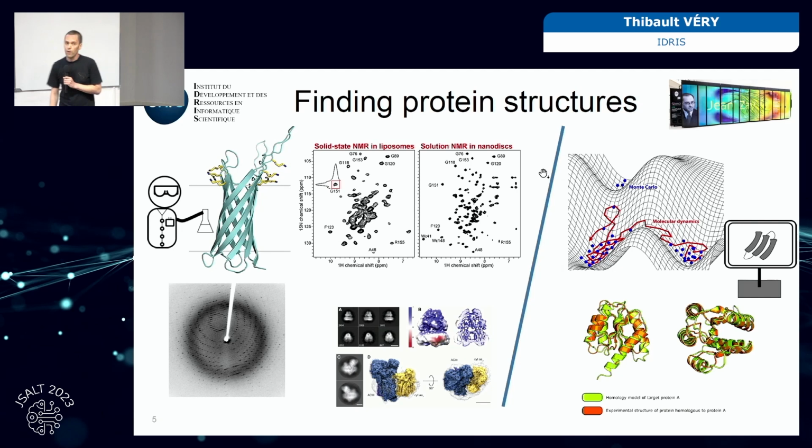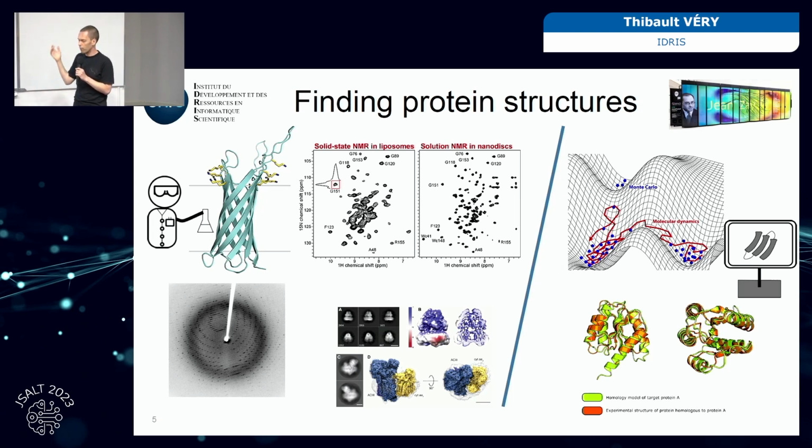This kind of picture you might be familiar with, because it looks like a loss landscape. I'm calling it a potential energy landscape, but actually that's almost the same, and we use kind of the same methods to get to the minimum points. We want to find the minimums, even for the structure, so we have the sampling.